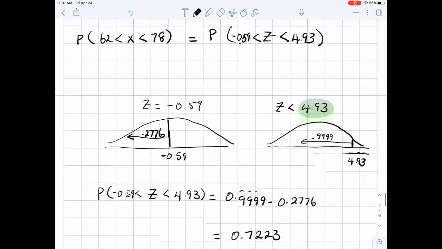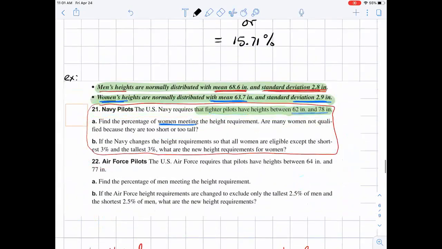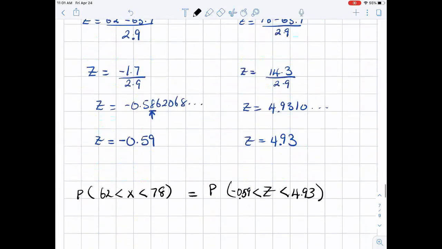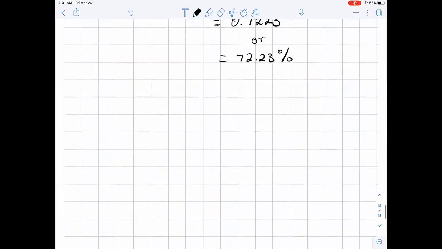So if we go back and look at our question, they asked for a percentage, so you have to write it. Are many women not qualified because they're too short? Look at the percentage here. Would you say that many women are qualified or not?